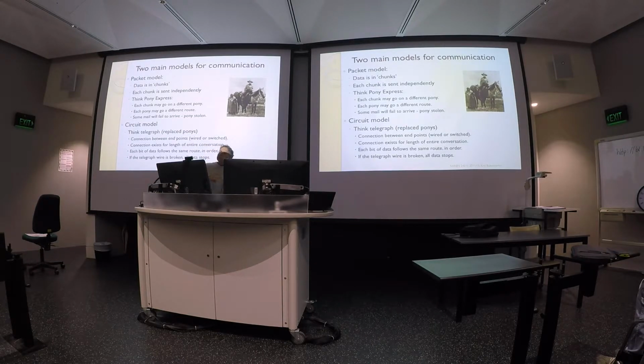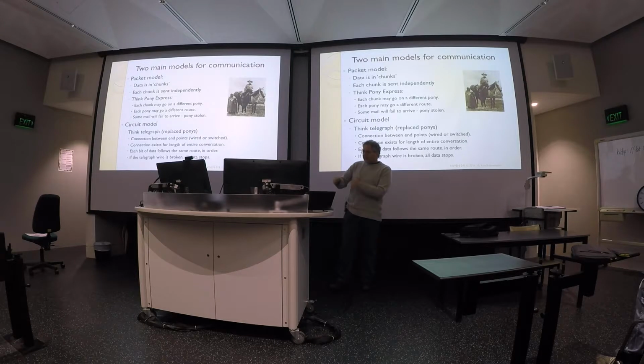Think about, going back to some westerns you may have watched when you were younger, the idea of Pony Express. Okay, what happens is a man gets on a pony, he gets a satchel, it gets filled with mail, he then rides his horse somewhere and delivers the mail. Now the important thing about our Pony Express model is that each letter that you're sending over the Pony Express may go on a different pony and rider.